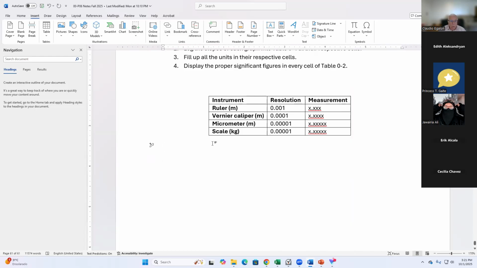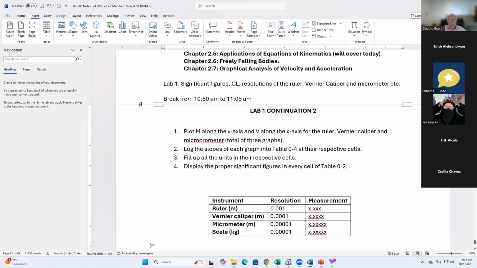With the above table, you will be able to display the measurements and the results with the proper significant figures. What else?